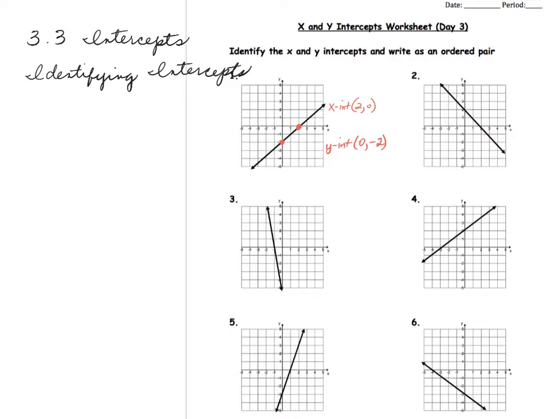We're going to look at all the rest of these graphs and identify the x and y intercepts. Look at number 2. The x-intercept is what point? (2, 0).